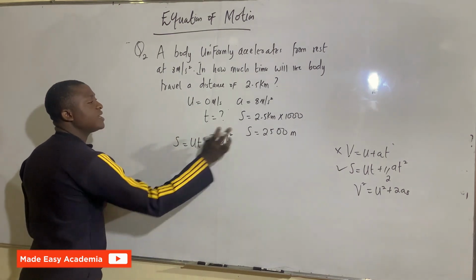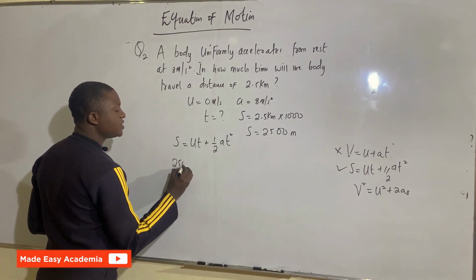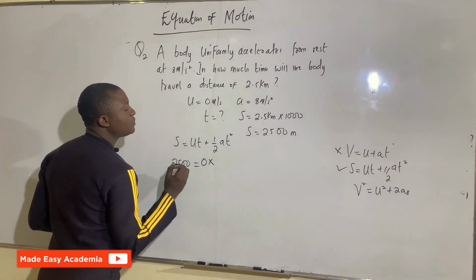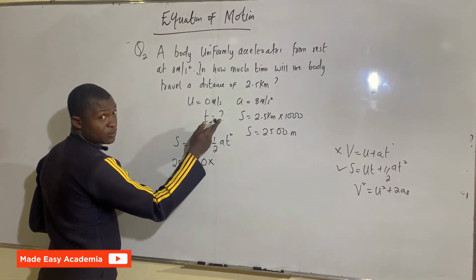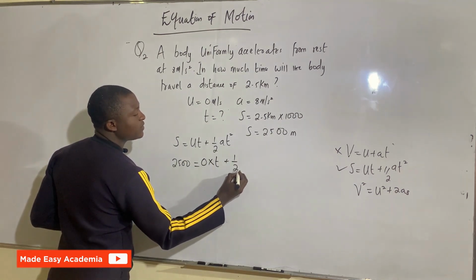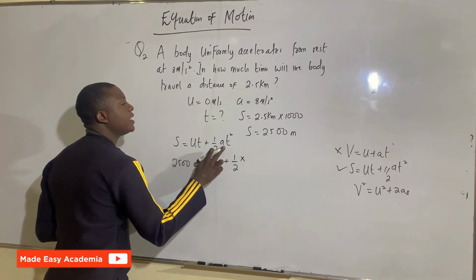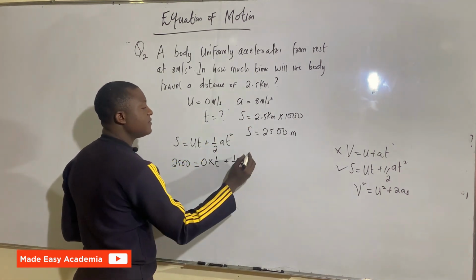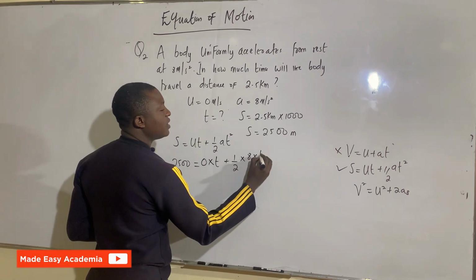So our distance is 2,500 equal to u, which is 0, multiplied by t, since we are looking for t, plus 1 over 2 multiplied by a, which is 8, multiplied by t squared.